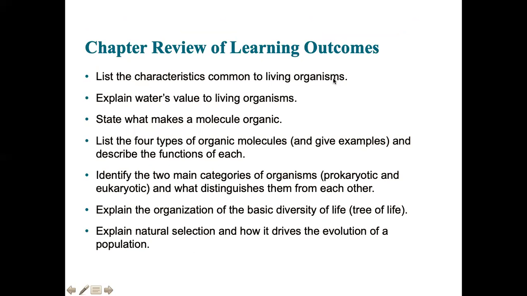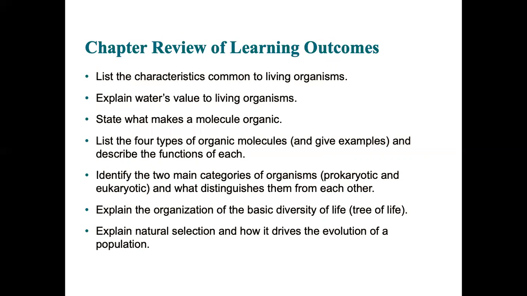So characteristics common to living things, those nine things: value of water, cohesiveness, polarity, it's a good solvent. What makes a molecule organic? Carbon-hydrogen bonds. Four macromolecules: protein, carbohydrates, nucleic acids, and lipids. And then you need to know all about them.